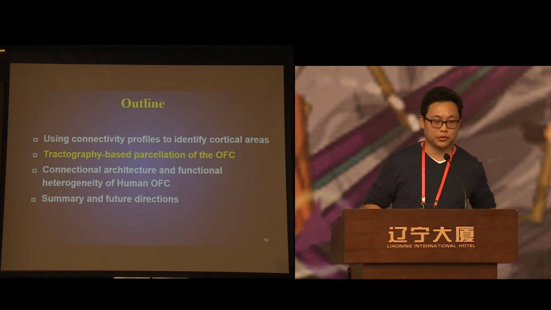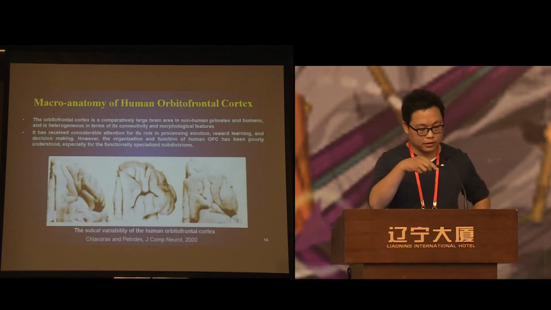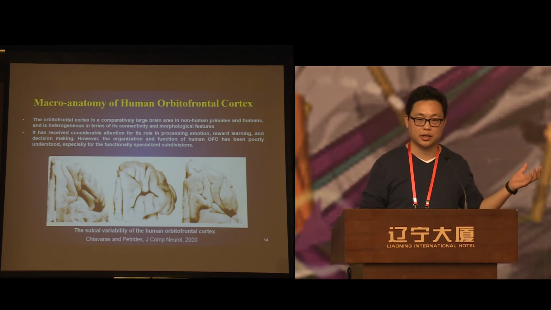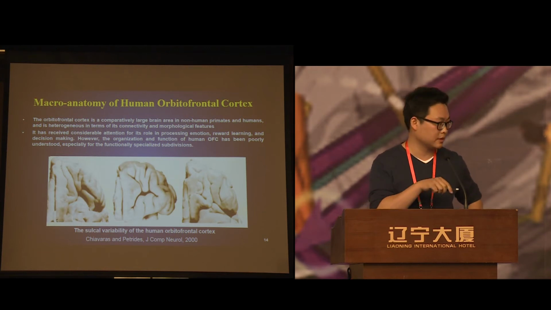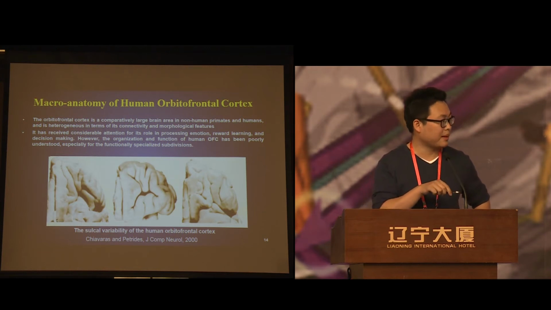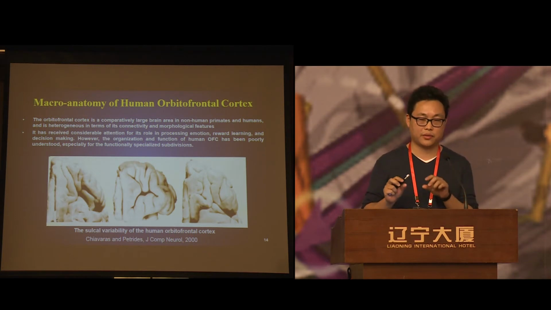Firstly, why do we focus on this region? Here are 3 subjects. You can see that if you go according to the sulci and gyri, there is huge individual variance. You can't just use these micro landmarks to identify the subregions in the orbitofrontal cortex.